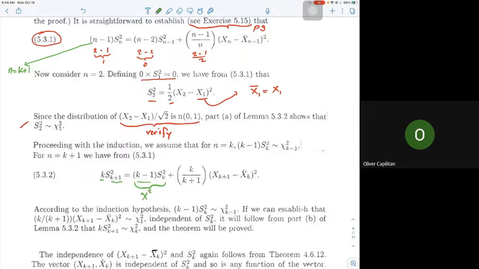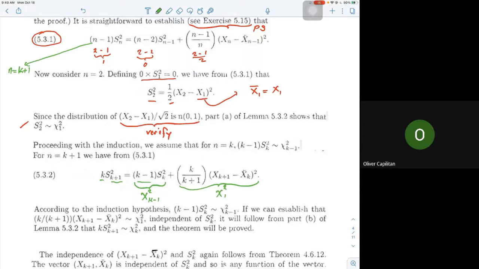And this one, we're going to show that the second term has also a chi-square distribution with 1 degree of freedom.